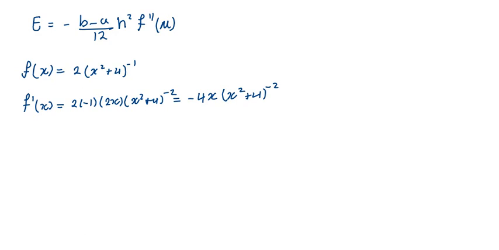So here is the second derivative, because that's what we need to use. f prime prime of x equals, the power again drops, and we have minus 4x. Here you're using the chain rule and the product rule, because this now becomes a product of two functions. By using the product rule, let me differentiate minus 4x, that's minus 4.